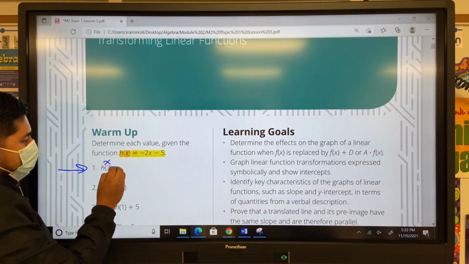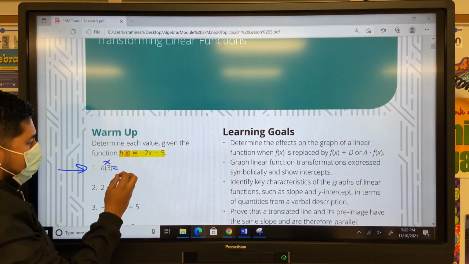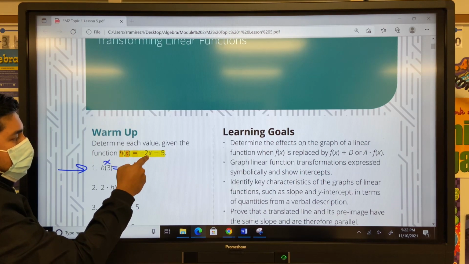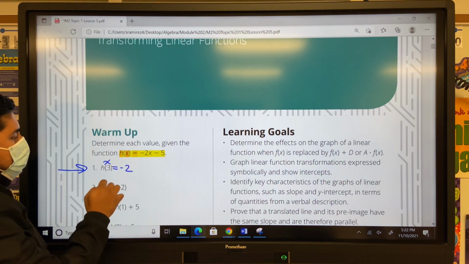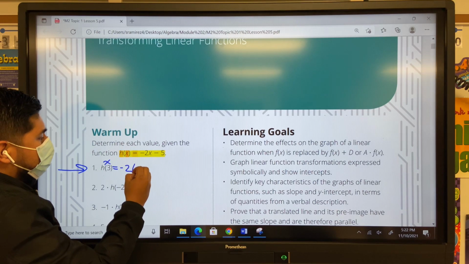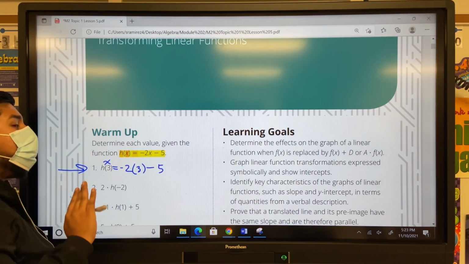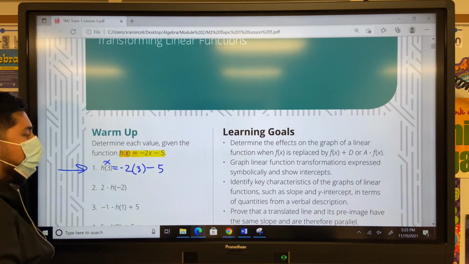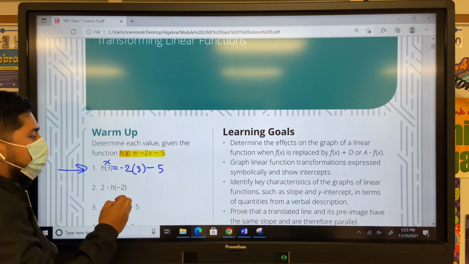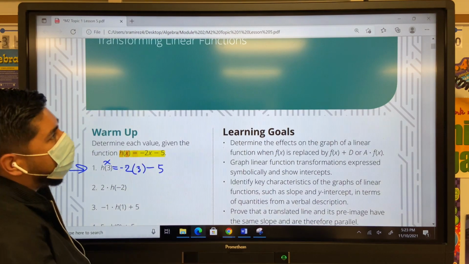After that, we finish off the sentence: -2, and instead of the x, we're not using x no more, we're using 3 in parentheses, -5.